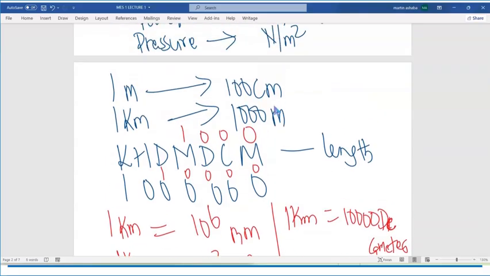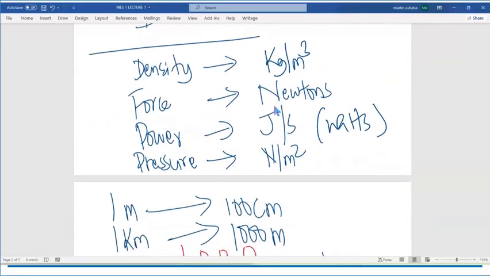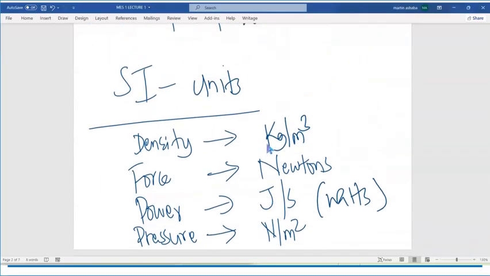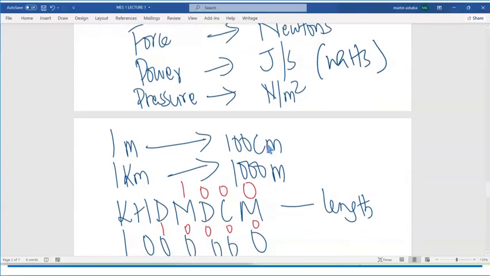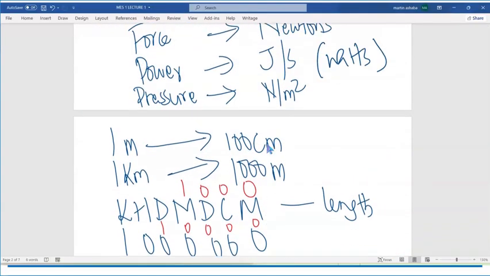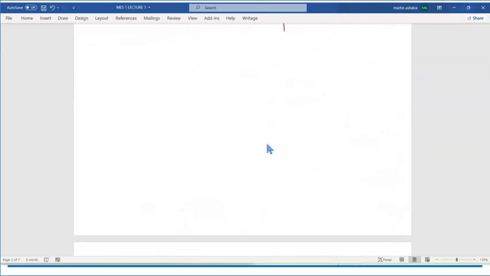So let us just basically talk about values. If they give us SI units, everywhere you hear a kilo means 1,000. If they tell you we are talking about 1 kilojoule, this means this has 1,000 joules.